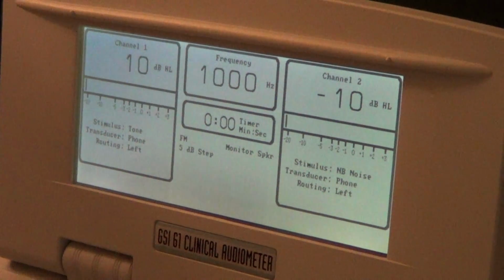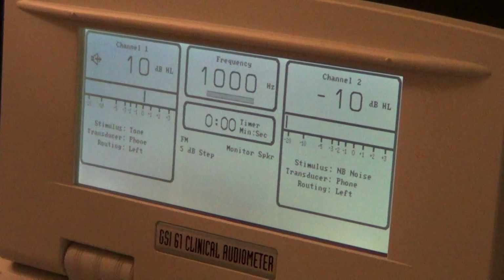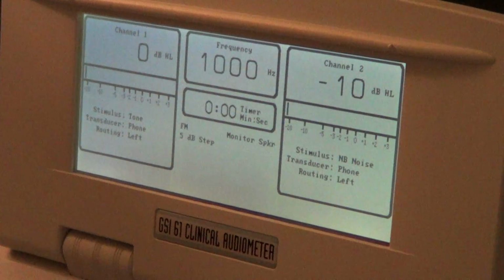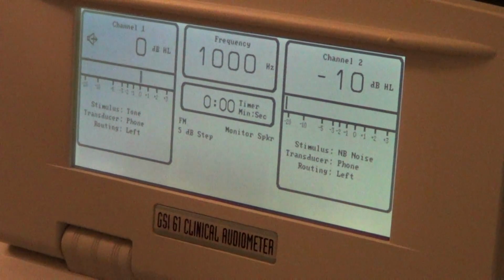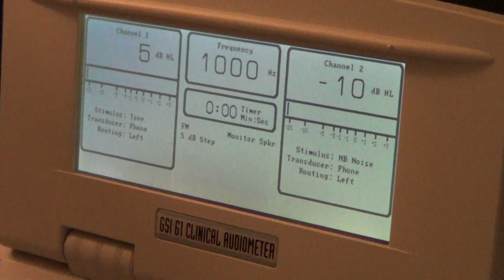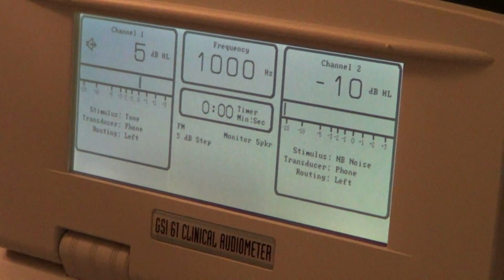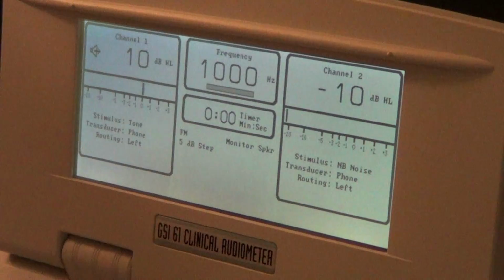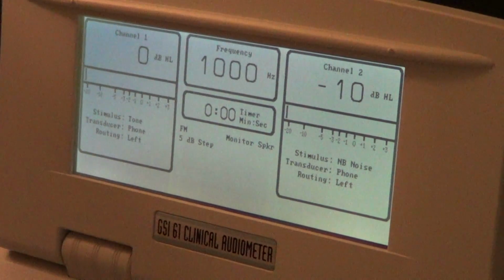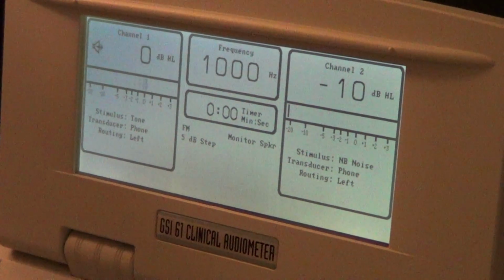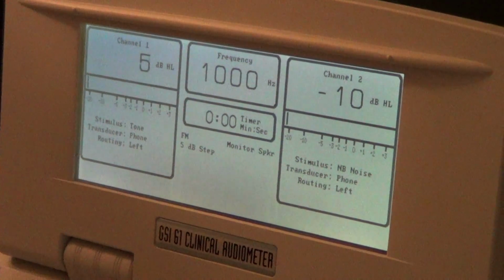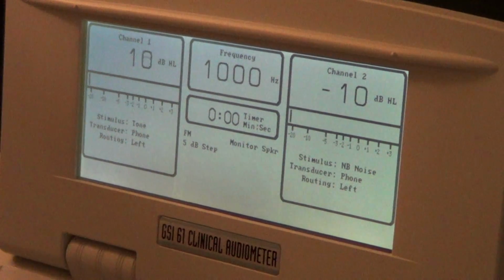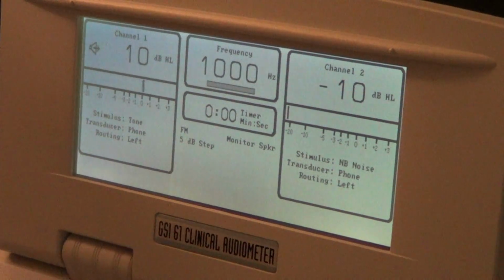Notice I paused so they could not get in a pattern. And there's threshold.